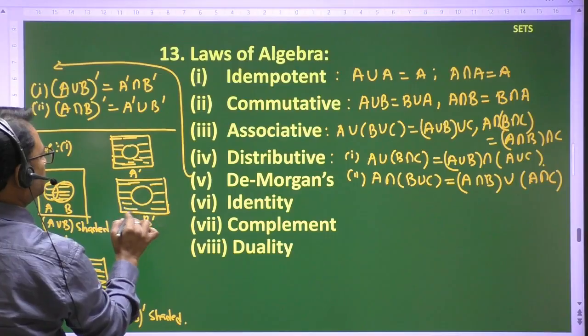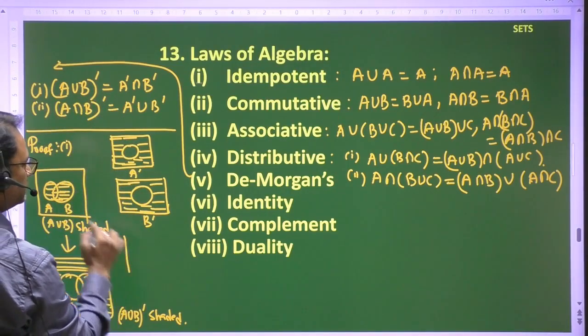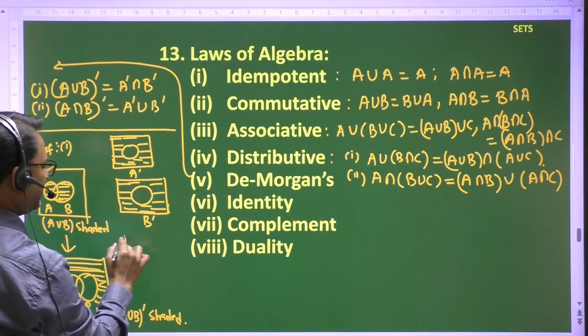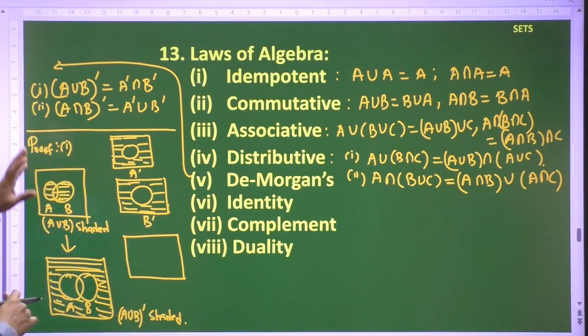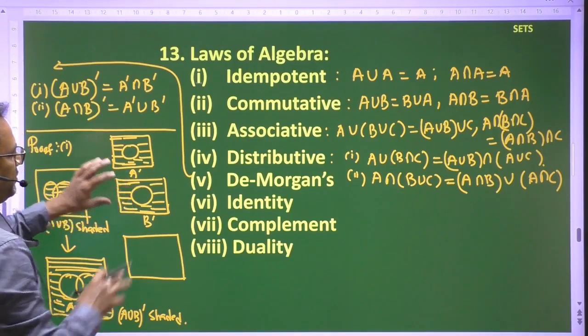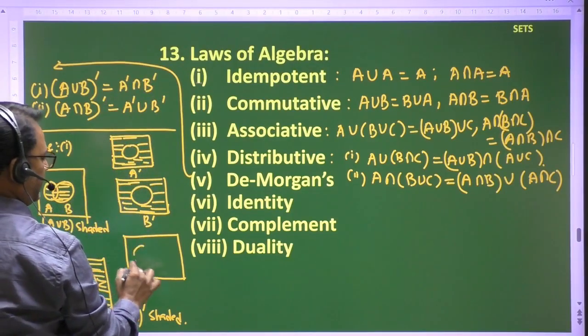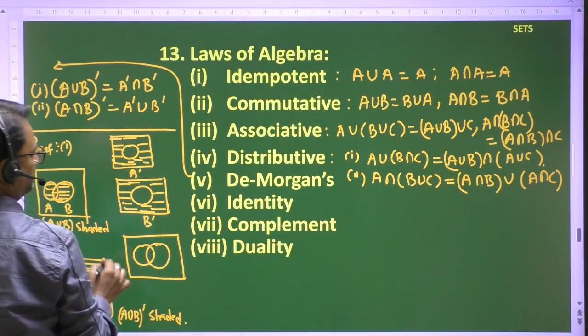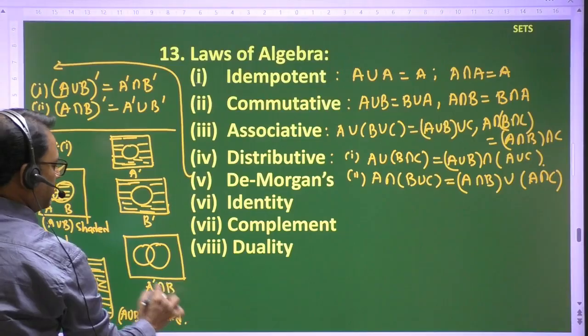Now if you take their intersection, neither A nor B, what will happen? It is A complement intersection B complement.